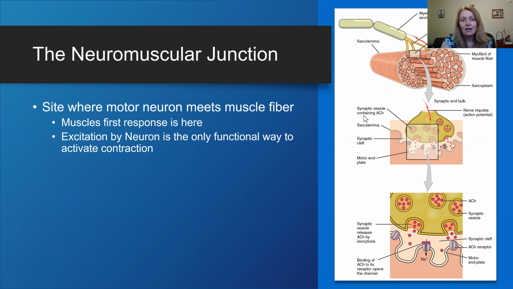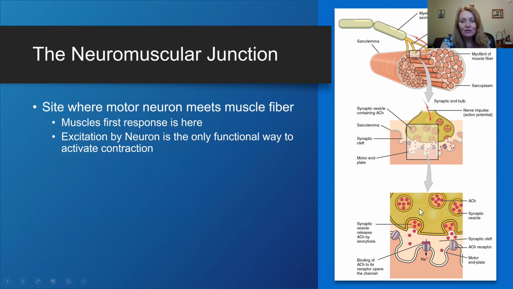And what's going to happen, when your neurons fire, the electrical impulse will come to this neuromuscular junction, and several steps will happen. But the final step at this neuromuscular junction would be the release of special chemicals that we call neurotransmitters.